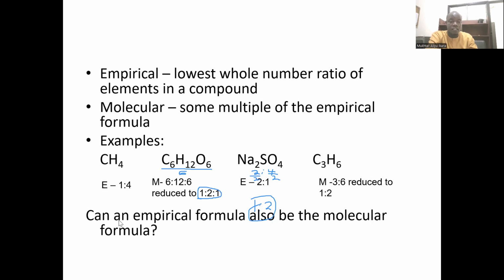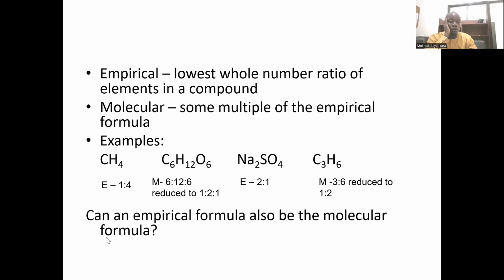So the next thing is, can an empirical formula also be the molecular formula? Is that possible? That is the question. The answer is yes. The empirical formula of a compound can also be the molecular formula of the compound.